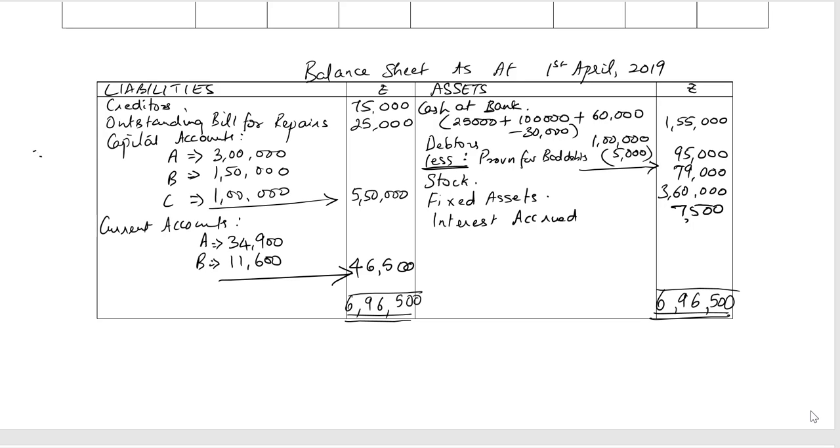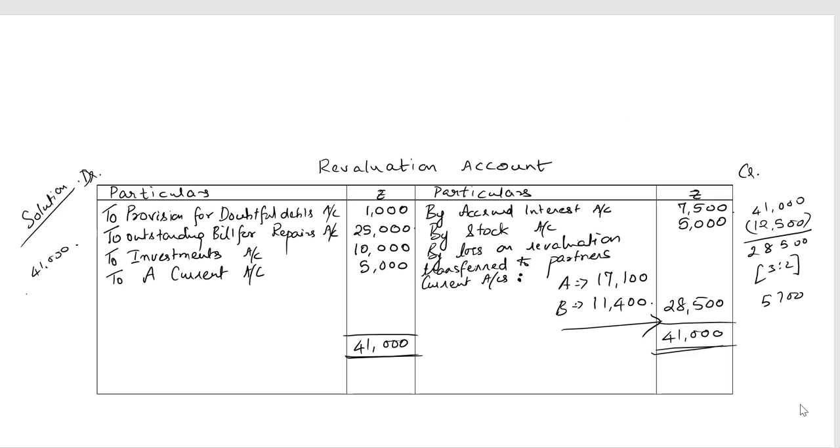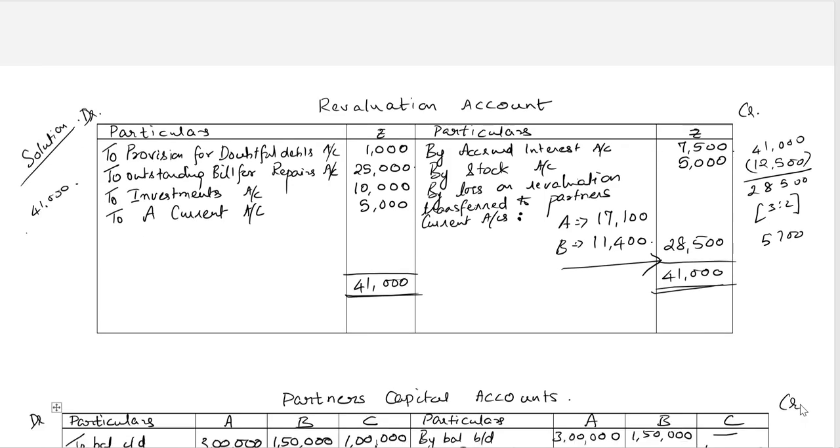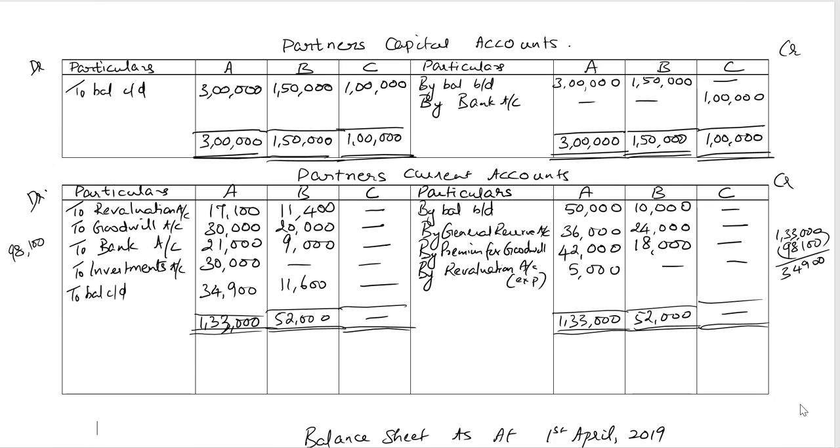We'll see all the accounts together. This is a revaluation account. It was prepared by us. Loss on revaluation. We had to transfer it to the partners' current accounts in this case. The partners' capital accounts and the partners' current accounts prepared by us. Capital accounts balance. For A it's rupees 3 lakh, for B 1,50,000 rupees, and for C 1 lakh rupees.